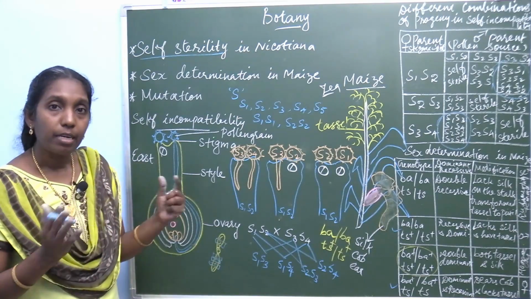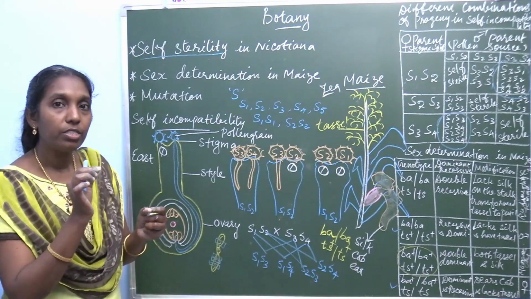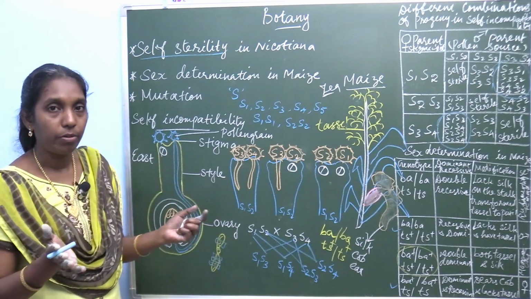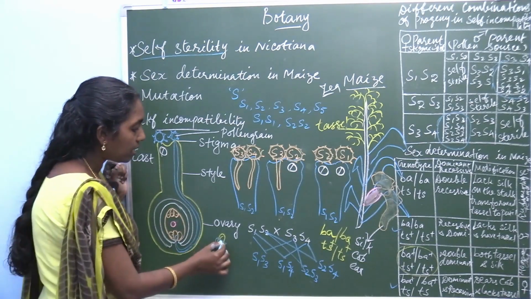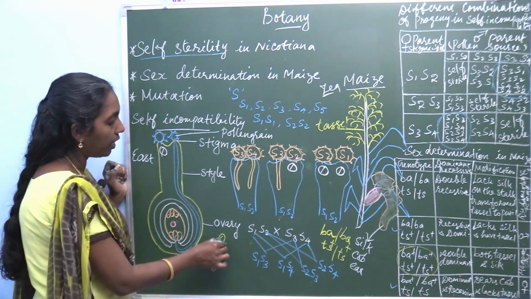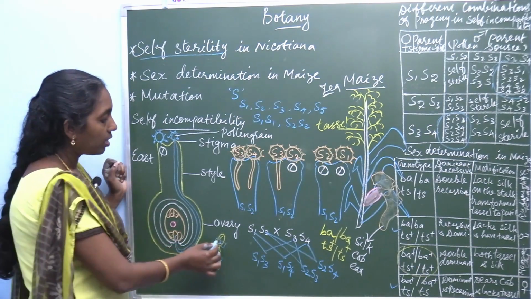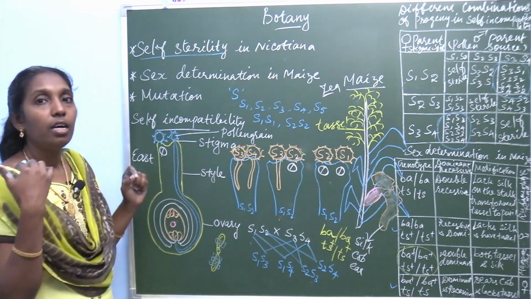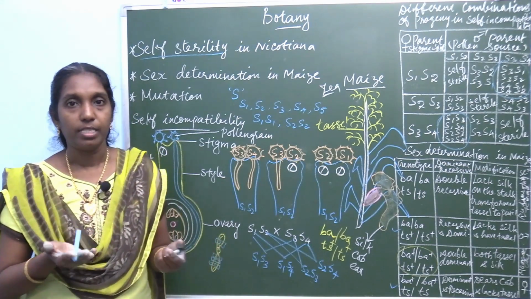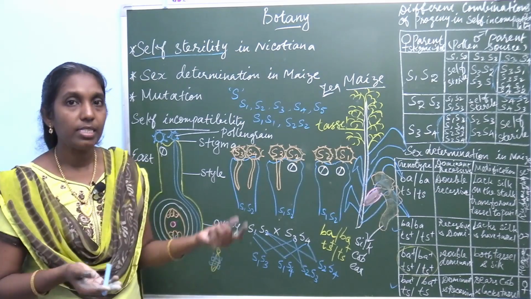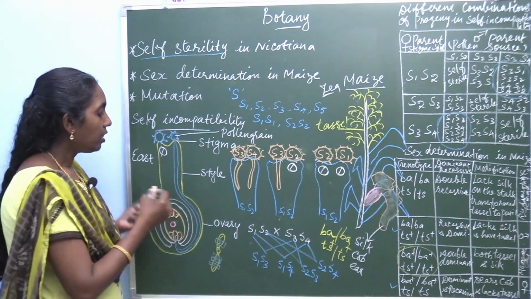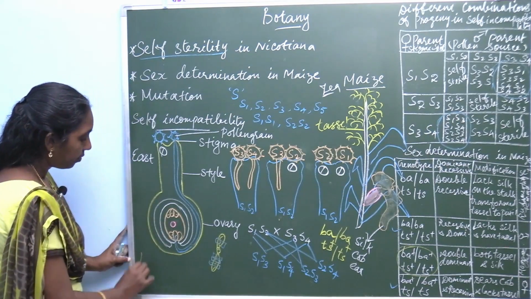There are different types of mutation, point mutation and chromosomal mutation. If any mutation occurs in a particular gene, a single gene or single nucleotide, any sudden change that takes place is called point mutation.